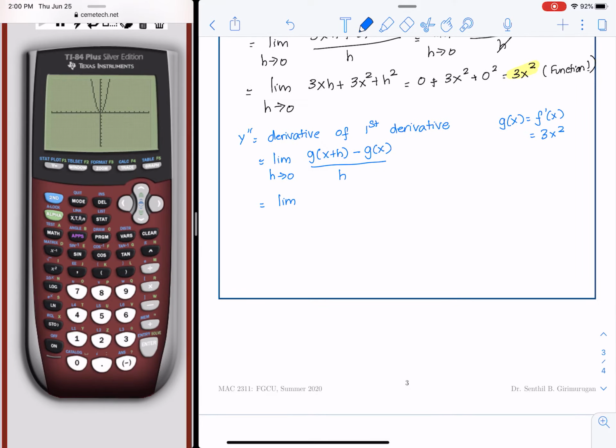That would mean we have the limit as h approaches 0 of 3 times x plus h squared minus 3x squared, divided by h. If I FOIL x plus h squared, I'm going to get x squared plus 2xh plus h squared, minus 3x squared, divided by h.